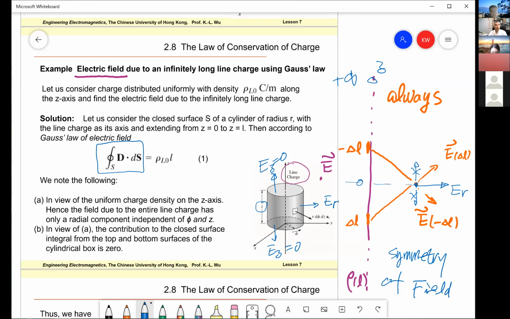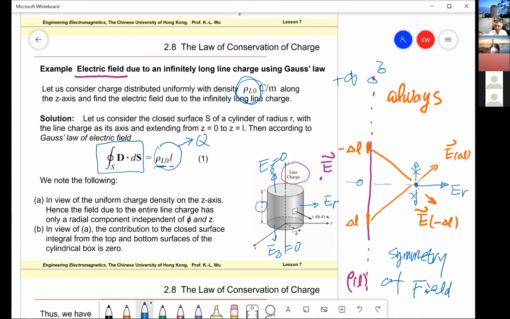Even though we consider a finite height for now, if the charge distribution is uniform, the total charge is the charge density multiplied by the total length. This is the total Q. Then let's do the integration.